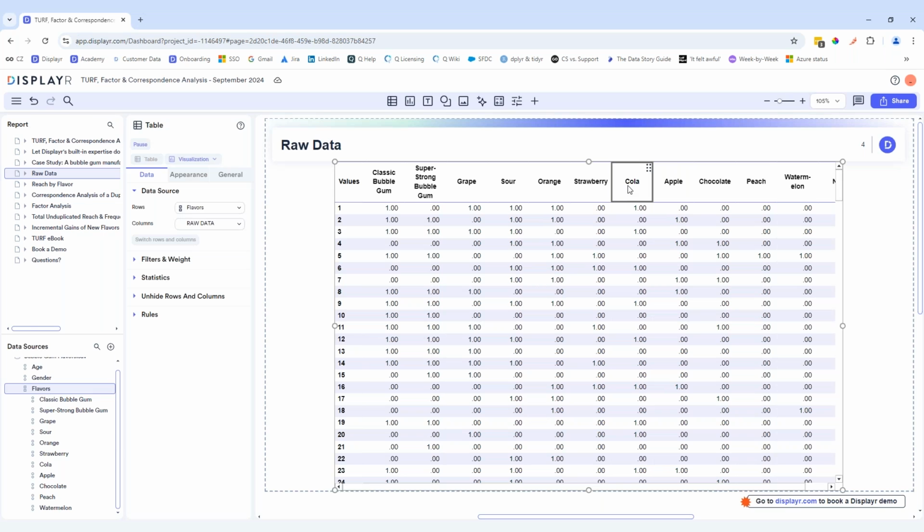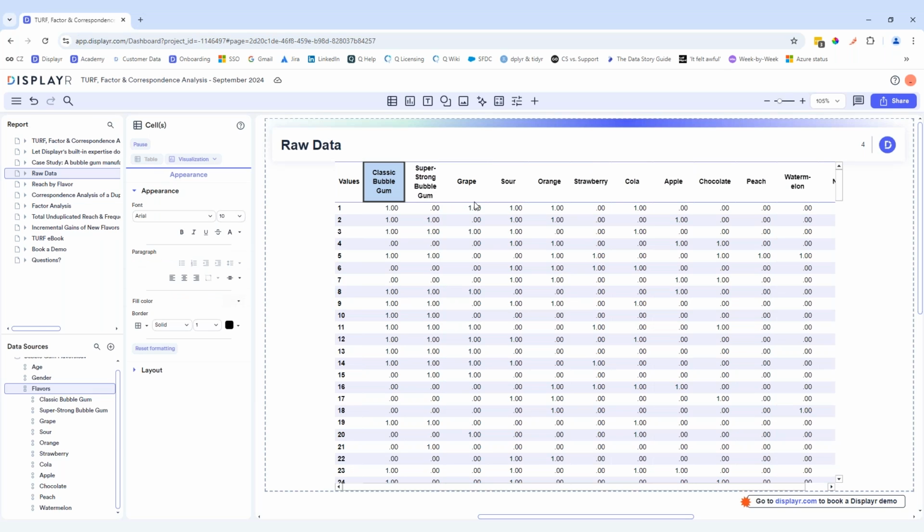This raw data table here has a row for each respondent, and the ones indicate flavors they like, and zeros indicate flavors they don't like. So the first respondent likes the classic bubblegum, grape, sour, orange, and cola flavors.